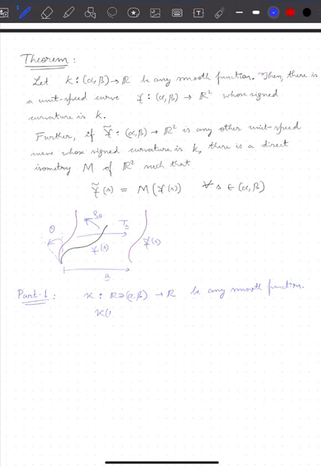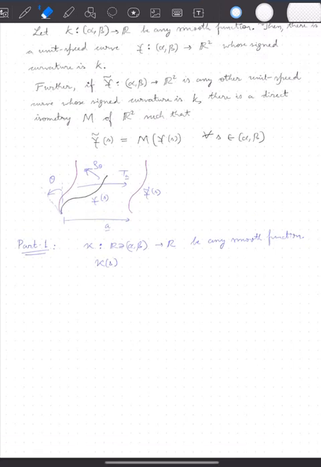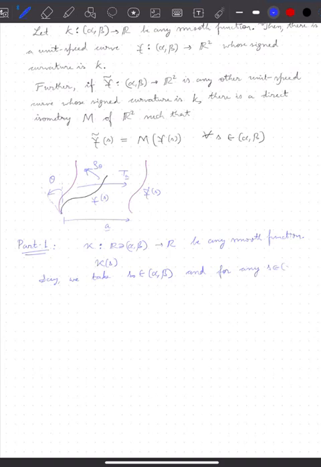So essentially we have kappa of S, and that is how the value of the function is going to be. Now say we take S naught, an element of alpha beta, and for any S an element of alpha beta, we fix a point, right?